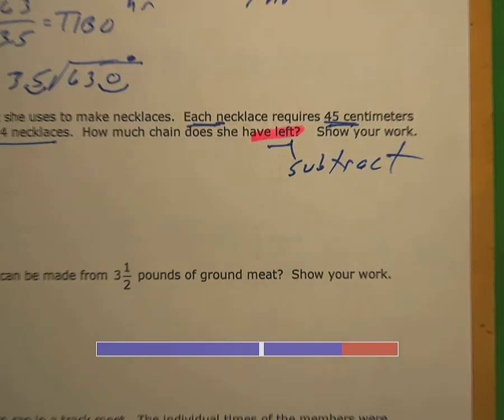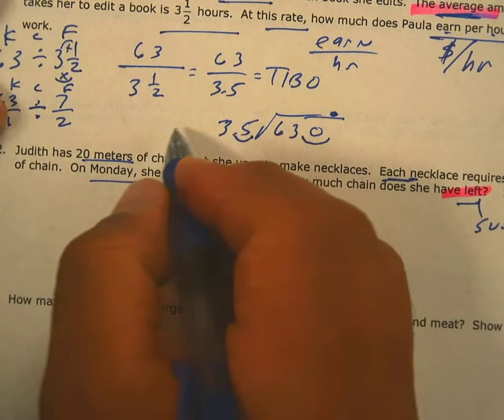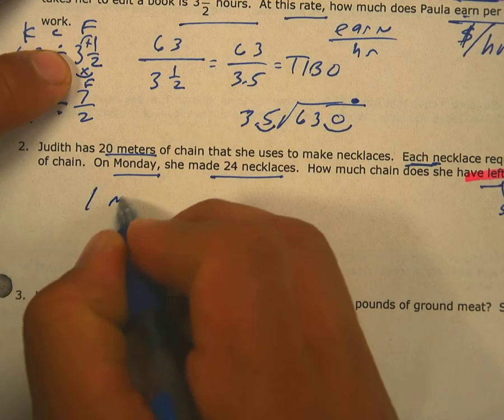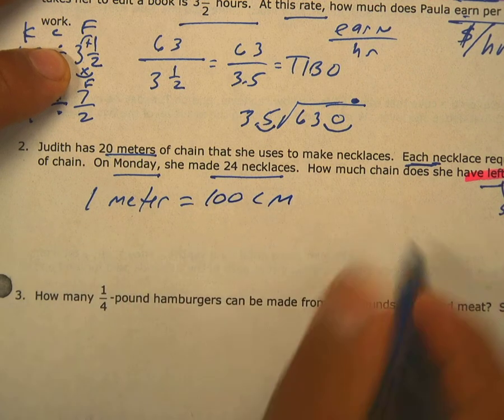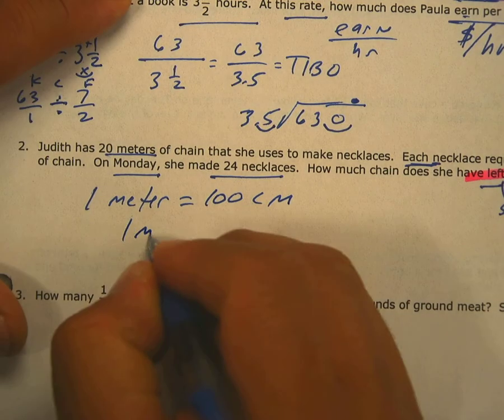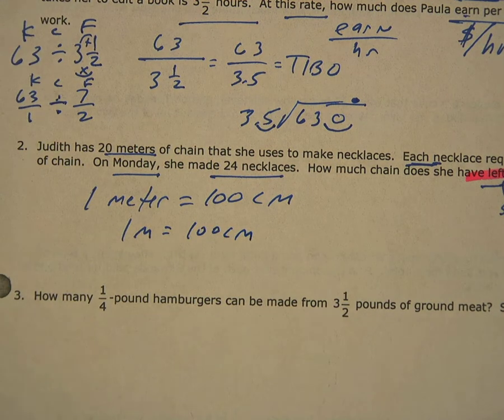But first of all, look at your units of measurement. One is in centimeters and the other one's in meters. So you need to know that 1 meter is equal to 100 centimeters, okay? So 1 meter is equal to 100 centimeters. So she has 20 meters.